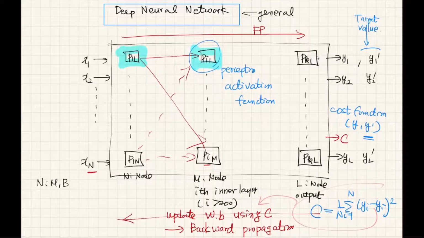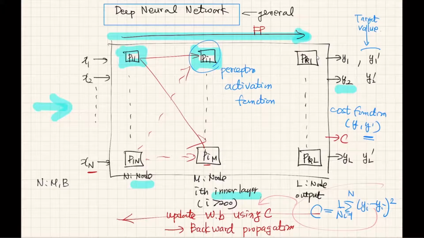They are still connected, and there are many nodes and layers, and they are all connected. When you put in the input vector, for example, a picture of tigers and cats or whatever, that will become an input, and then you will get the output Y. That is called forward propagation.